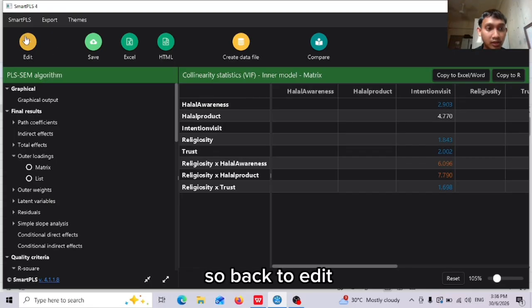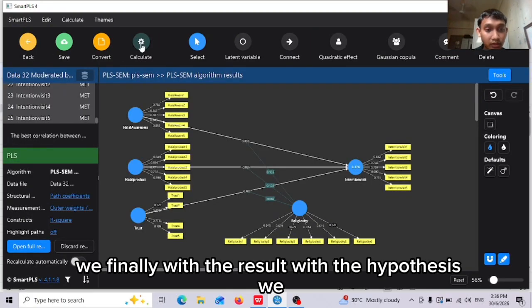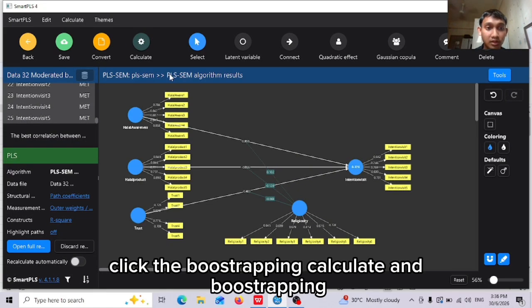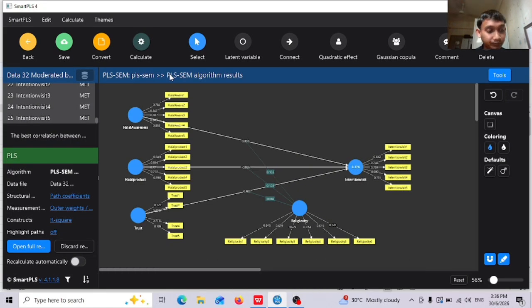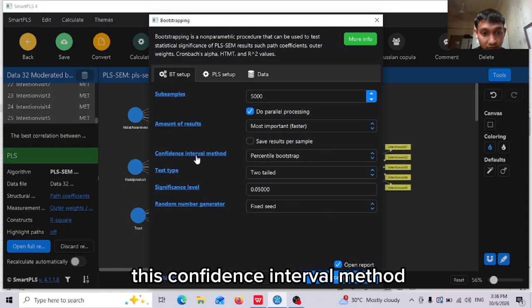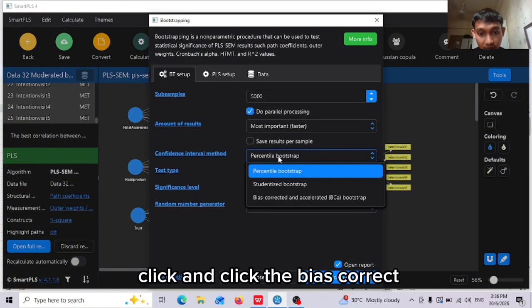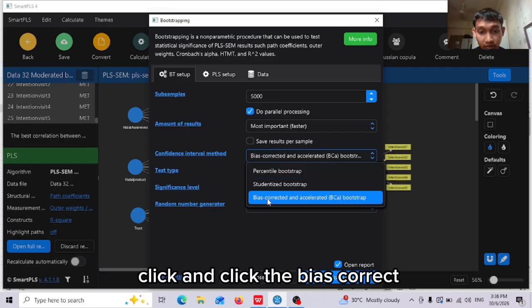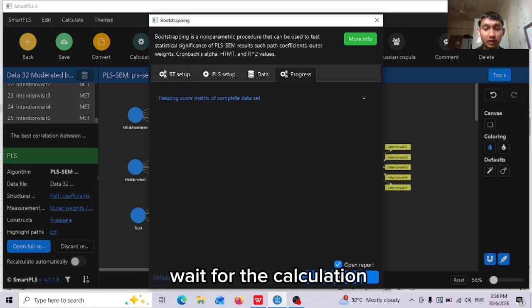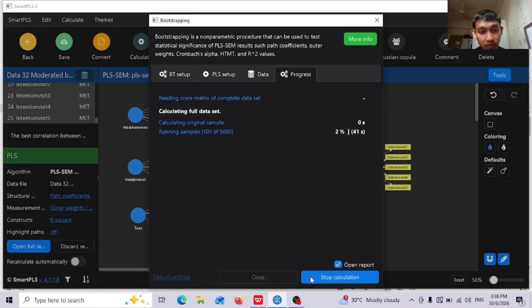So back to SmartPLS. Finally, for the result with the hypothesis, we go to the bootstrapping. Click bootstrapping, calculate and bootstrapping. For the confidence interval method, click bias-corrected, and the test type is one-tailed. Start the calculation. Okay, wait for the calculation.